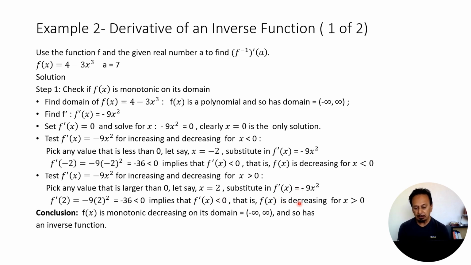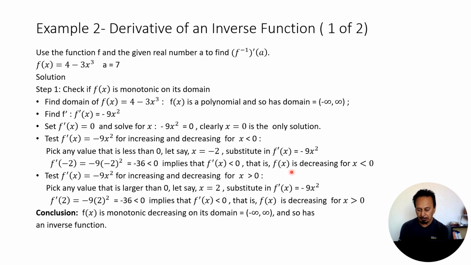The first derivative evaluated at 2 equals negative 9 times 2 squared. Again, 2 squared is 4, and multiplied by negative 9 gives you negative 36, which is less than 0. So we can imply that the first derivative is less than 0. That is, f of x is decreasing for x greater than 0.